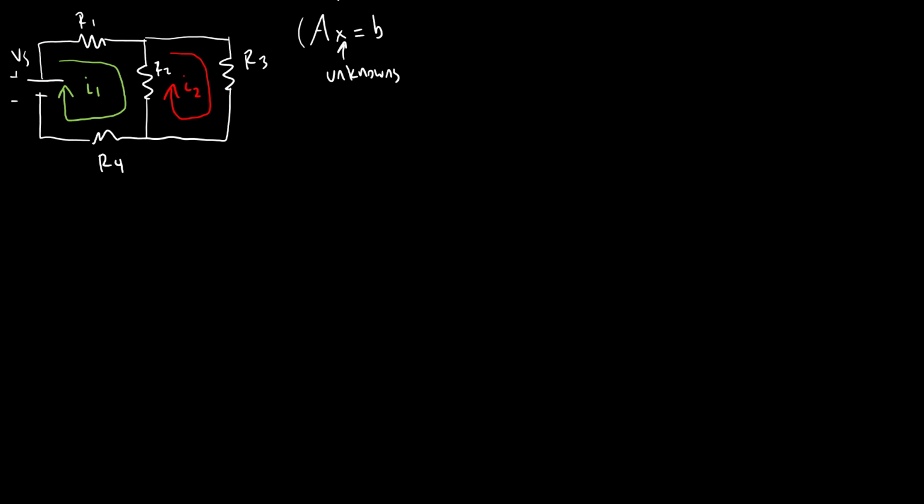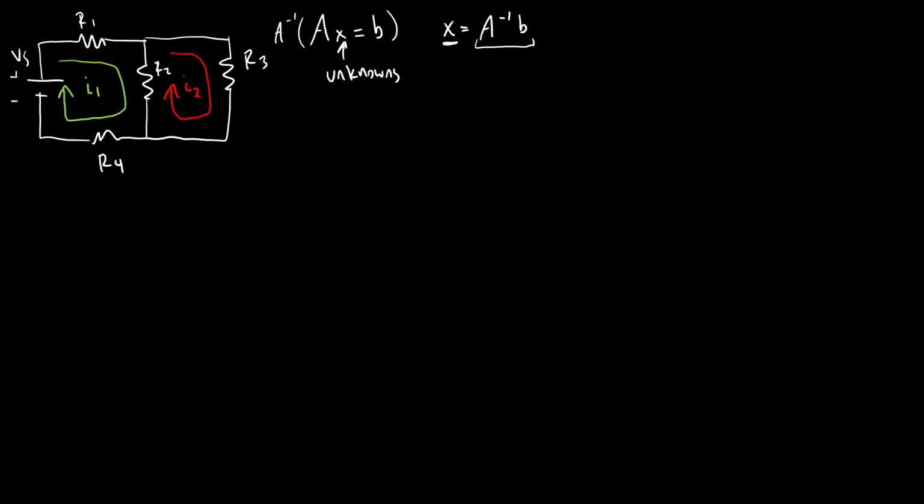We can multiply this entire equation by the inverse of A on both the left and the right, so that gets rid of the A over on the left side and gives us an equation X equals A inverse times B. And that is just a single matrix calculation that you can do with MATLAB or a graphing calculator or anything else that can multiply matrices.